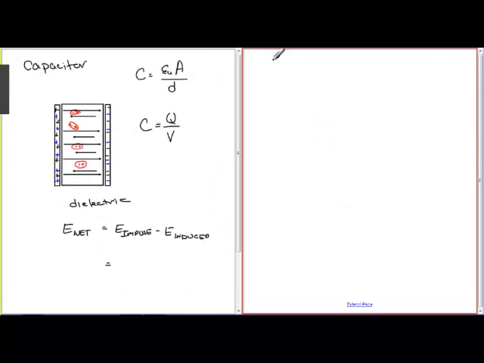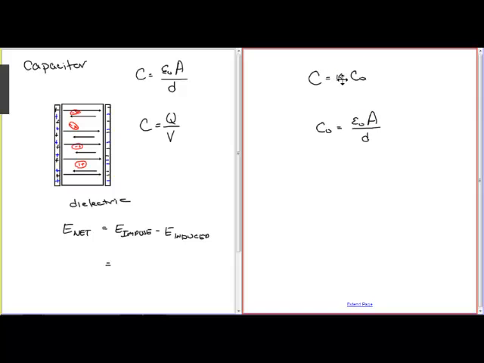So how do we do this numerically? Well, you can say that the capacitance of the capacitor is equal to some constant K, or kappa, times C0, where the 0 stands for a vacuum, and that's what we had calculated previously.